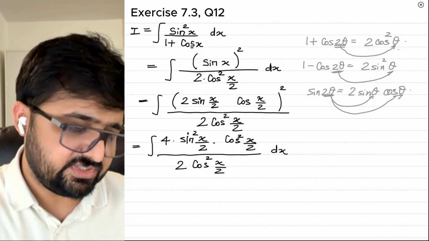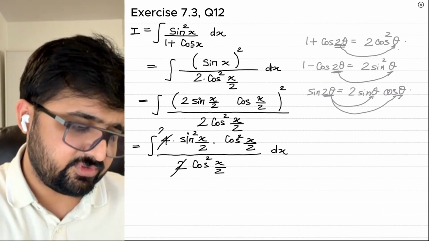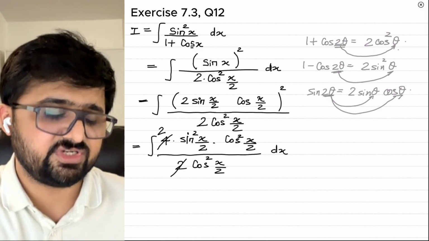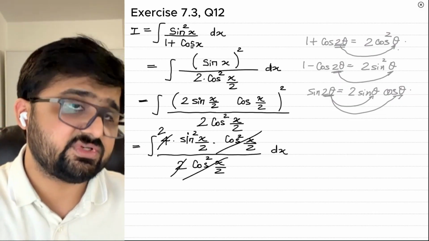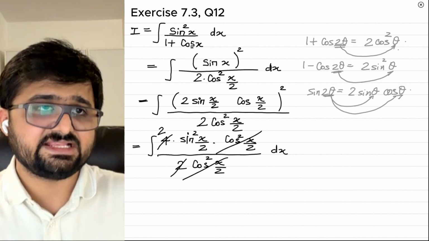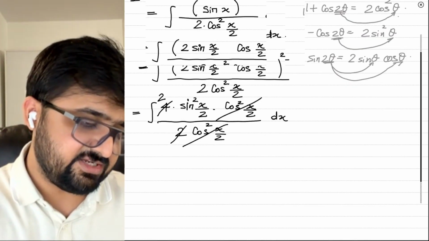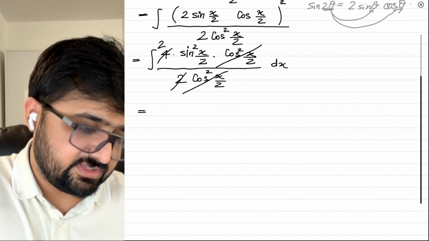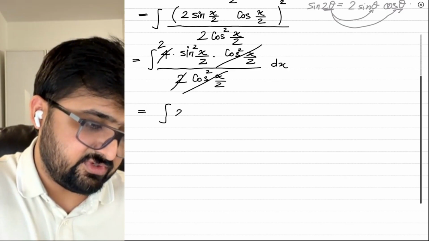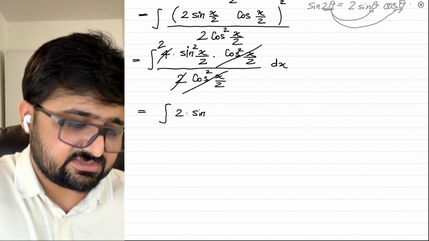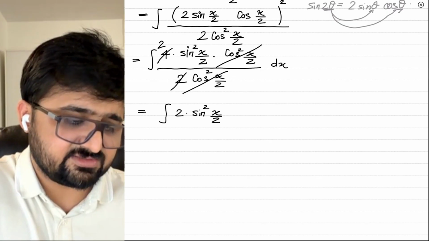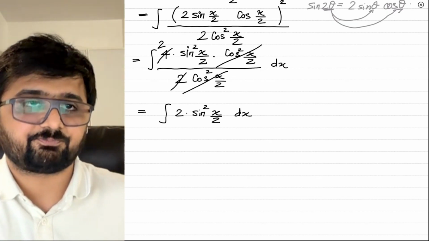Very simple. Now if you notice, this 2 and 4 will get cancelled and you'll get 2 in the numerator. And this cos square x by 2 and cos square x by 2 will also get cancelled. So after that, you are left with integration of 2 sine squared x by 2 dx.